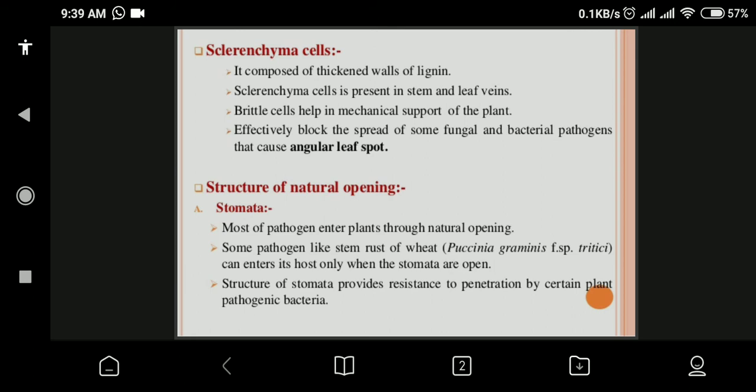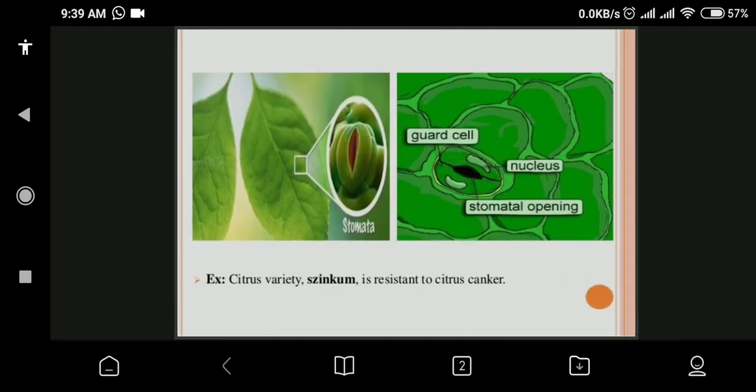The structure of stomata provides resistance to penetration by certain plant pathogenic bacteria. This is the diagram showing the structure of the stomata, and the opening and closing of the stomata.